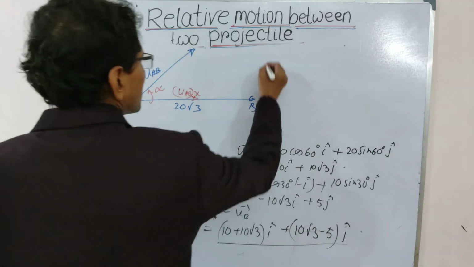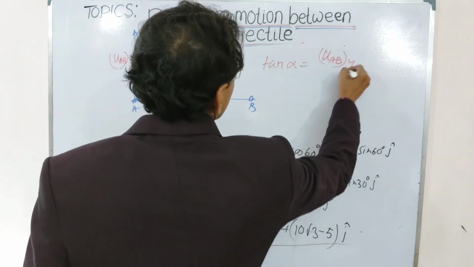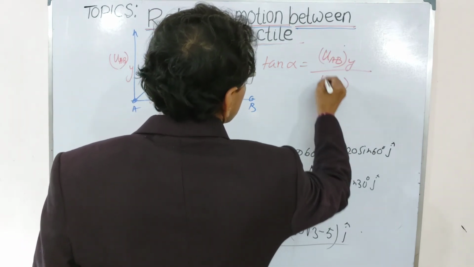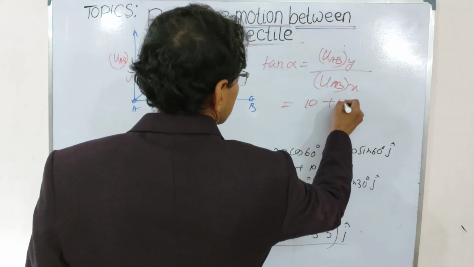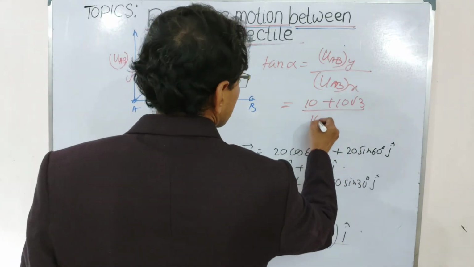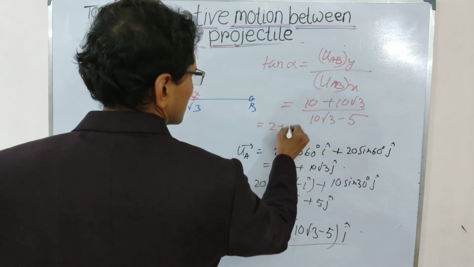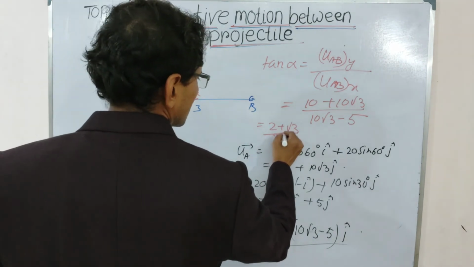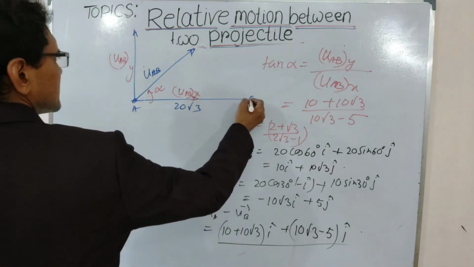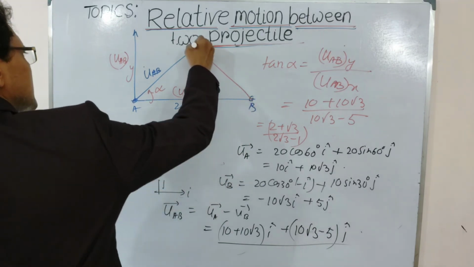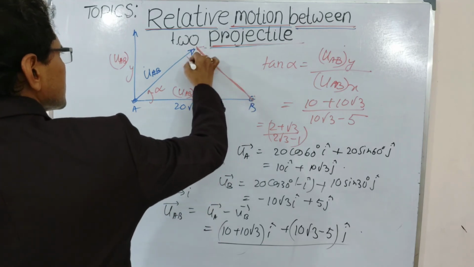So tan alpha equal to UAB y by UAB x, this by this. If we get alpha, then the shortest distance will be this.